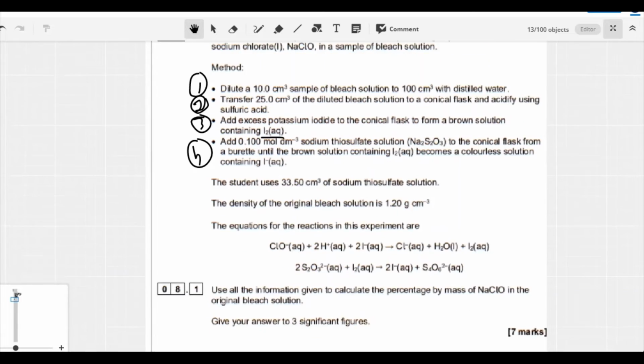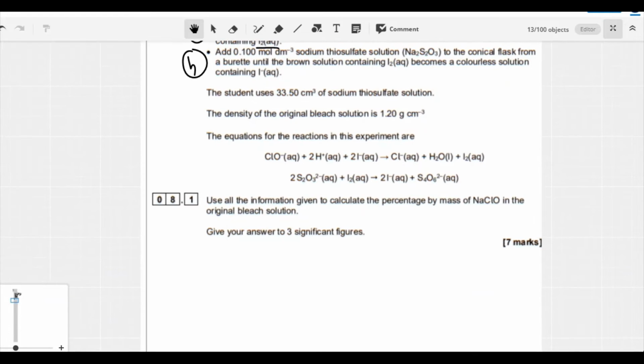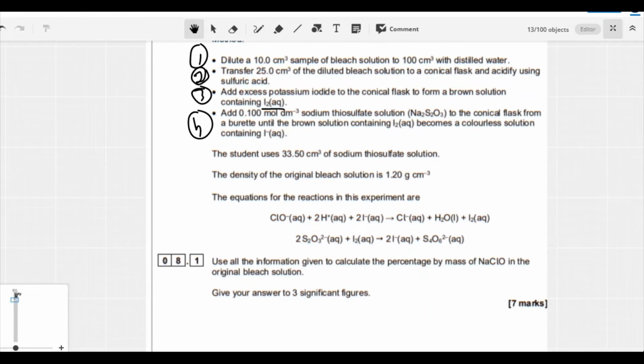So the question is: use all the information given to calculate the percentage by mass of NaClO in the original bleach solution. Give your answer to 3 significant figures. First of all, here we have the thiosulfate, S2O3 ions.